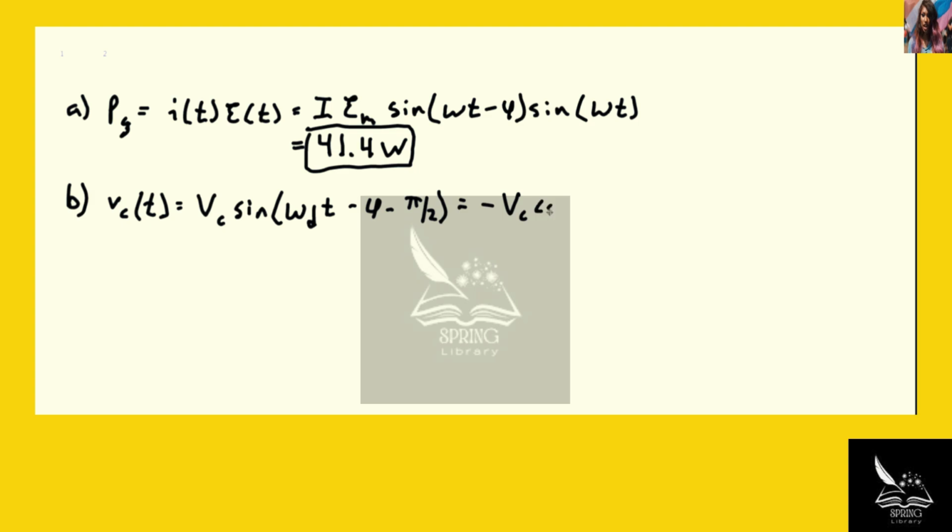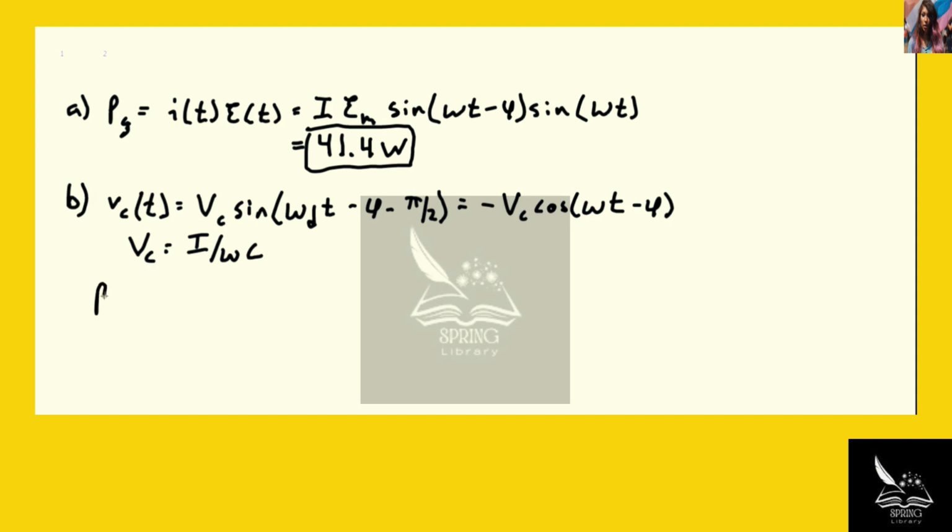That's negative V c cosine of omega t minus phi. And the amplitude of this, E c, is just I over omega c.